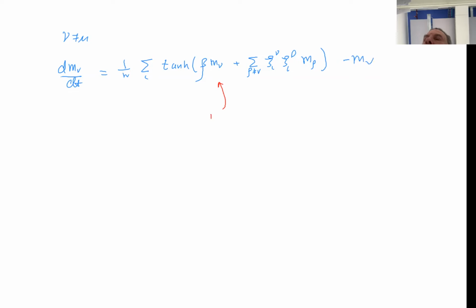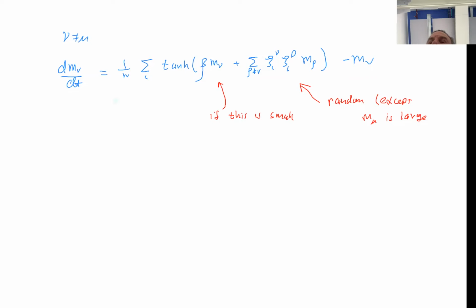So if this is small, and this is random, remember, except m_μ is large, but we're adding up N variables that are random. So this thing should scale, if all goes well.